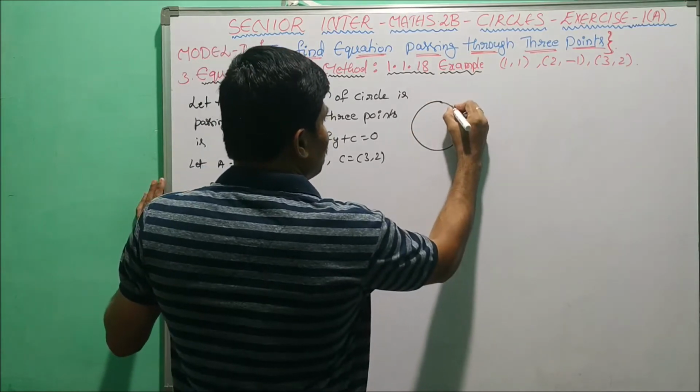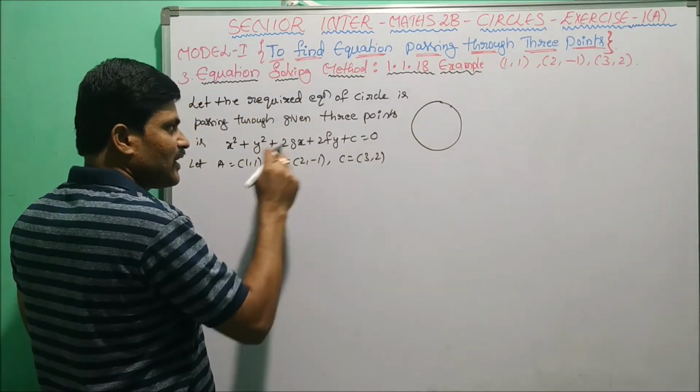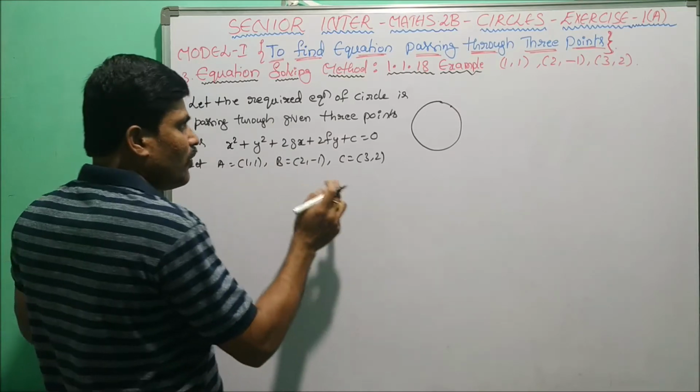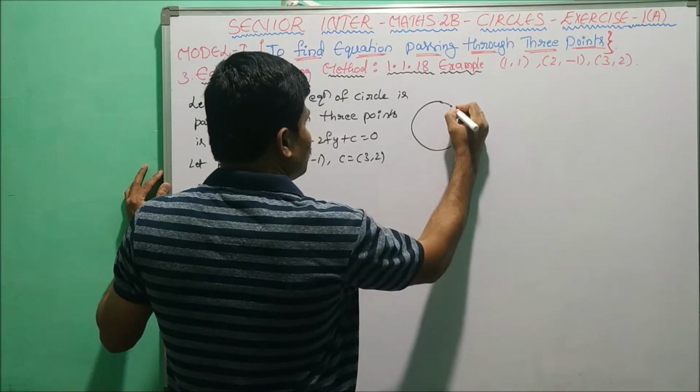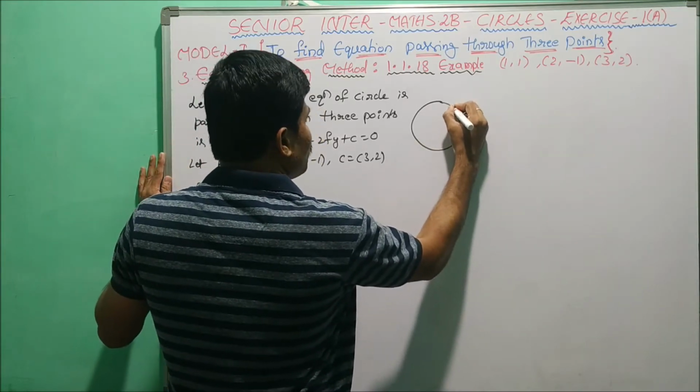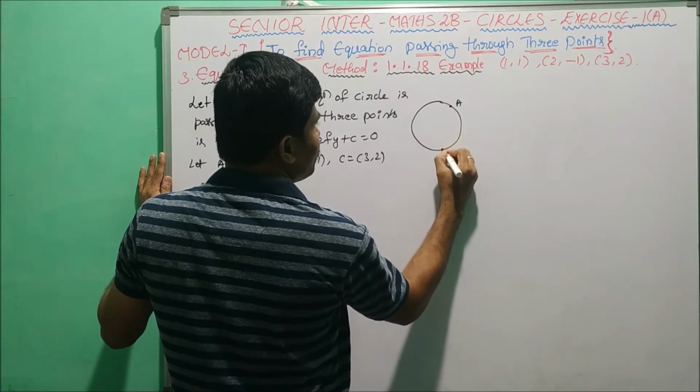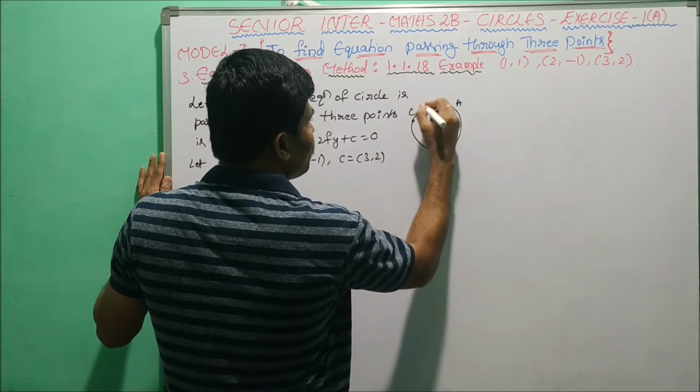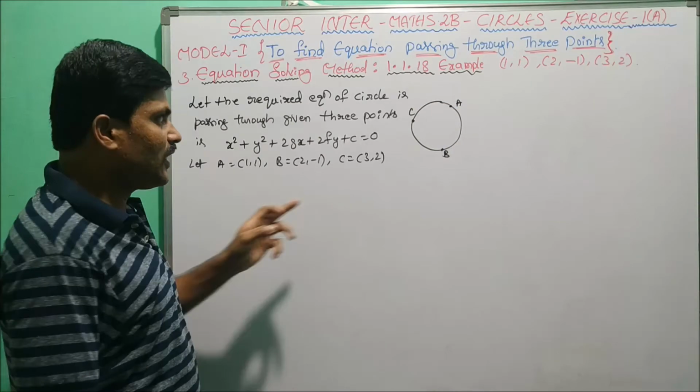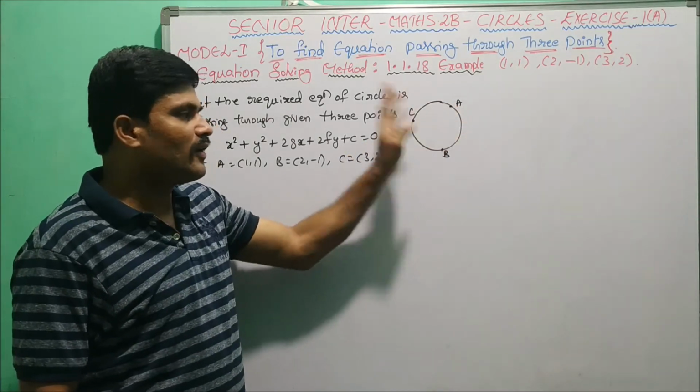In this circle, the required circle is passing through the given 3 points. Already we considered that condition. Here we take the point A, this is the point B, this is the point C. So clearly we observe these 3 points lie on the circle.